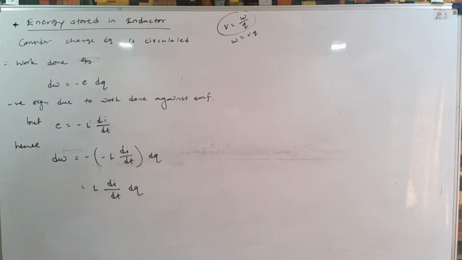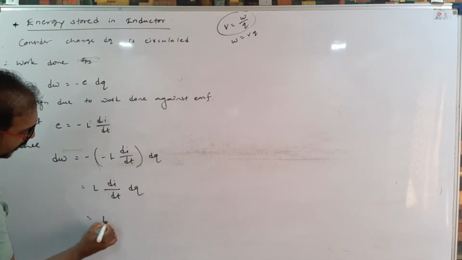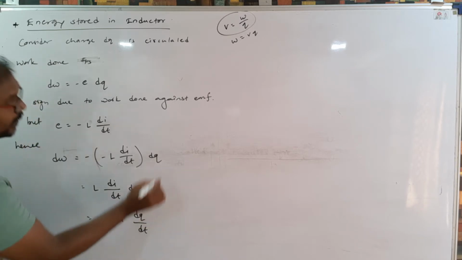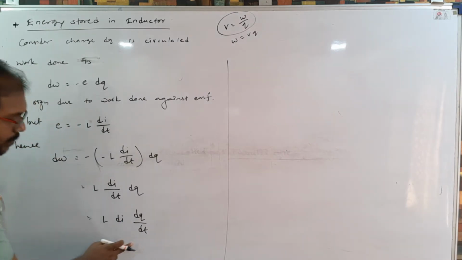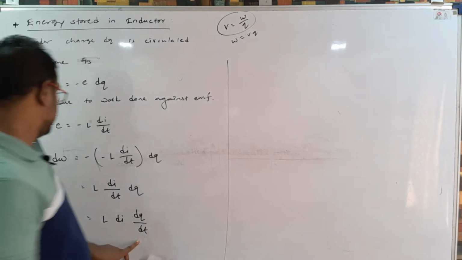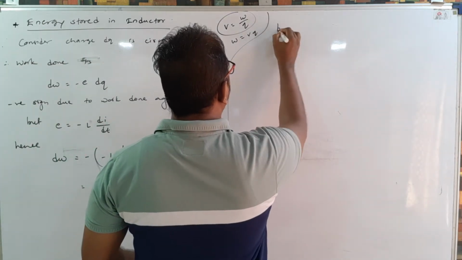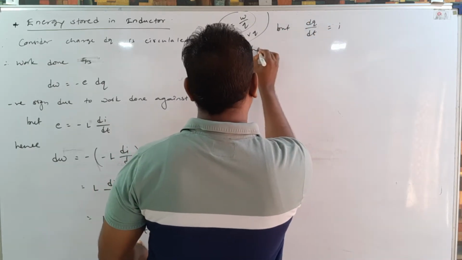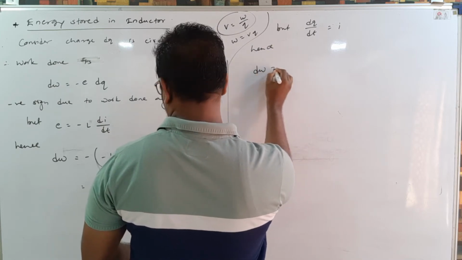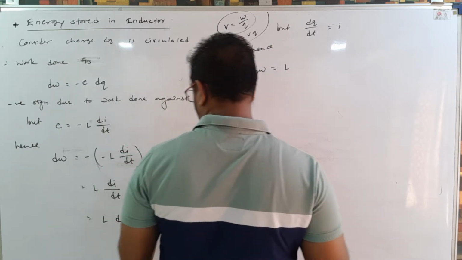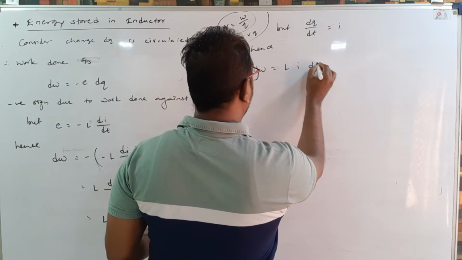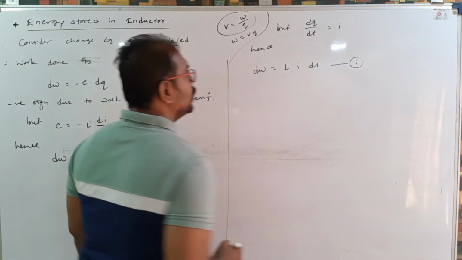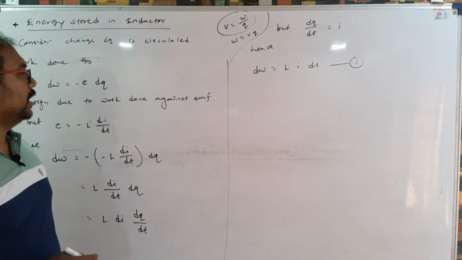Now dq divided by dt is current I. Hence, this work done I can write this way: L, and I into di. So equation number 1. So this is the small work done to circulate a charge.